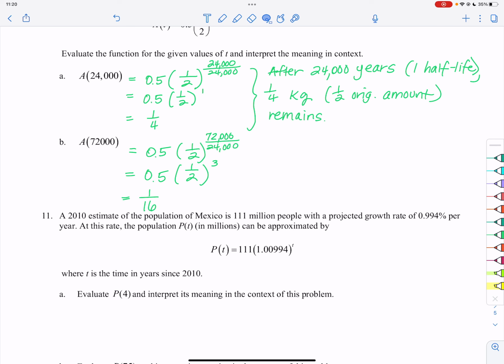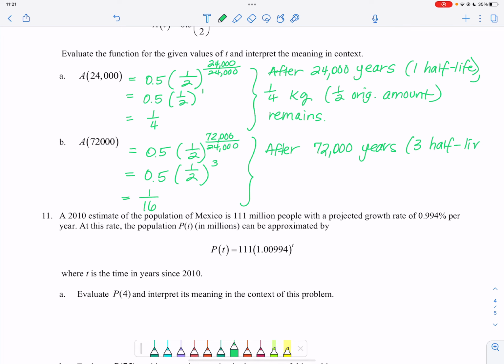Okay, and so now the interpretation here is after 72,000 years, which is 3 half-lives, 1/16 of a kilogram, which is 1/8 of the original amount, remains.